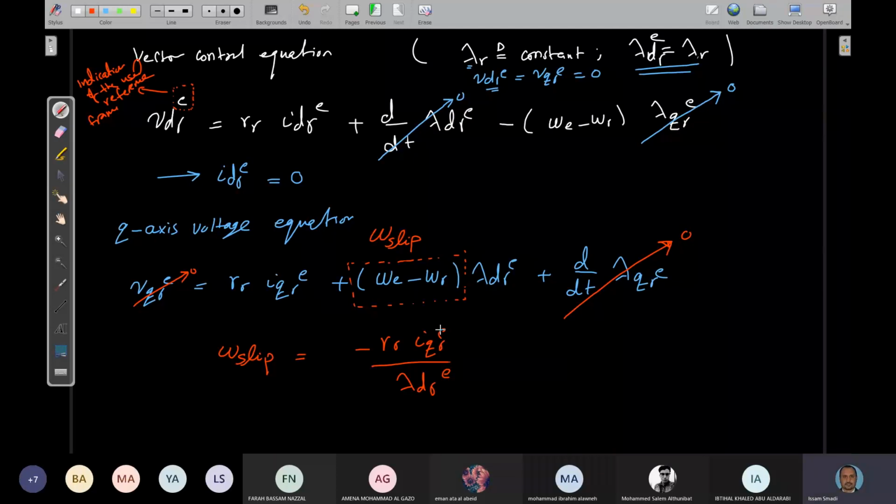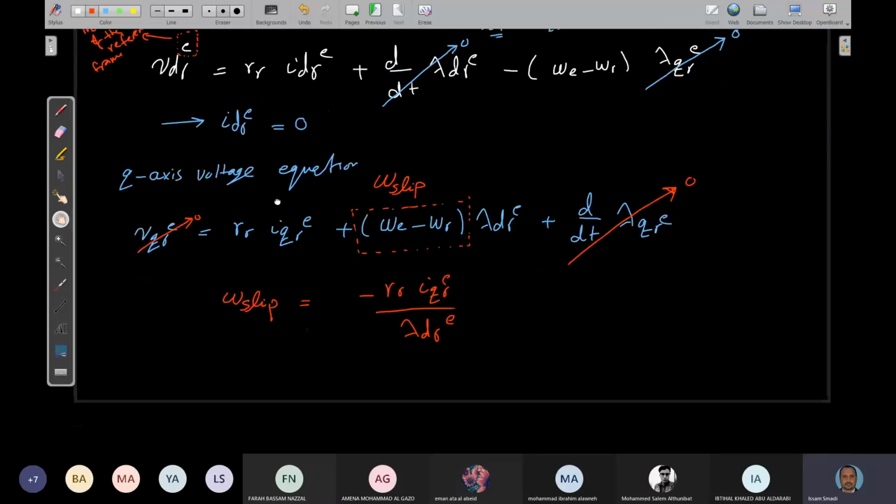For example, can I measure the current in the squirrel cage? I cannot, because the squirrel cage by itself is what? Actually bars shorted by rings. So I need to rewrite the slip speed in something that I can measure, which is actually the stator quantity.